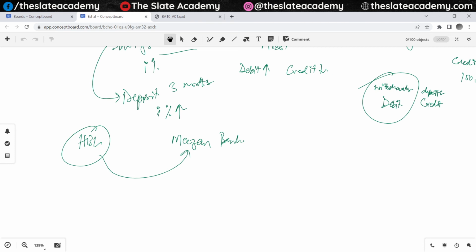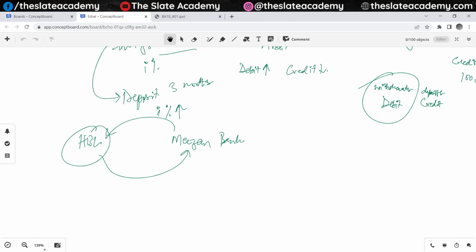So what's happening in that time is, first Mizan Bank will have to contact HBL, saying that we have been presented with a check of this amount from this account holder in your bank. Does he have this much money in his bank account? Once they confirm, then at the end of the day or some time period, previously they used to physically sit down in a place and tally that these many people of HBL have given checks to Mizan Bank account holders, and these many Mizan Bank account holders have given checks to HBL.